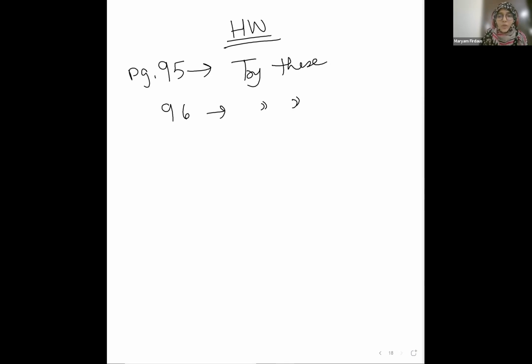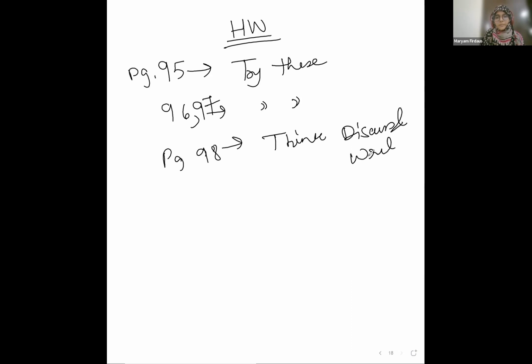The box continues on the next page also, 96 and 97. Fine, that's it. Also, page 98, Think, discuss, and write. Okay, Hiba?